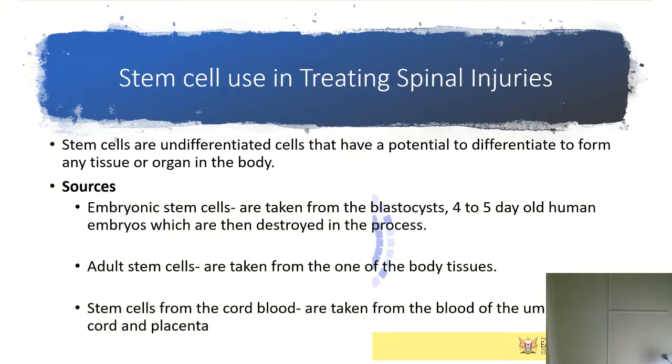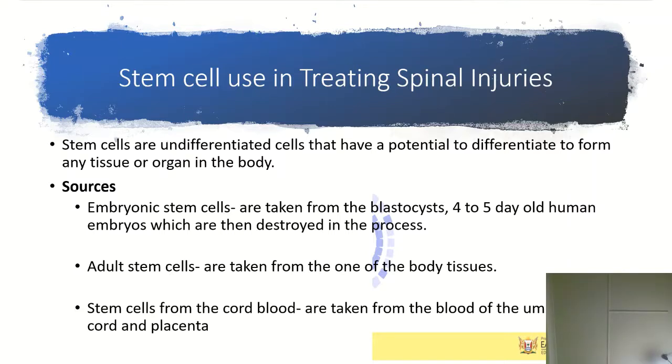That is important. Now the adult stem cells are taken from one of the body tissues. And then you've got the stem cells from the cord blood, as the name suggests. During birth, the umbilical cord is cut and blood may come out.